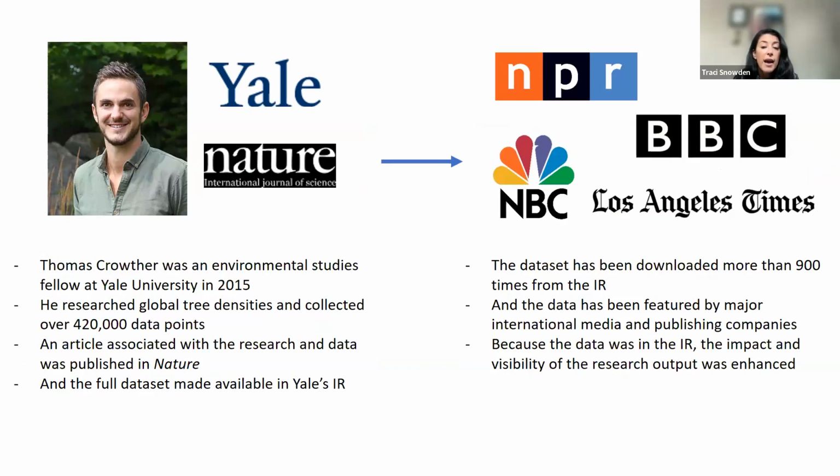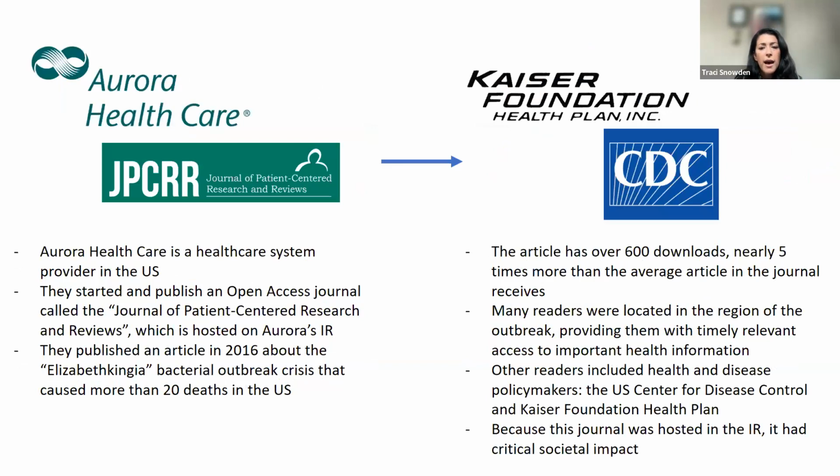And then finally, and I think this is one that has such incredible real world impact, especially in a post-pandemic environment, Aurora Healthcare published an article with supporting data in their Journal of Patient-Centered Research and Reviews. That happened to provide some pretty timely regional intel that helped prevent further outbreak of a bacterial crisis, which had resulted in 20 deaths initially. So I love that one.